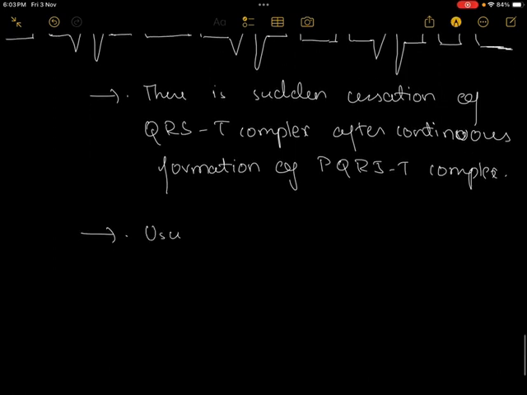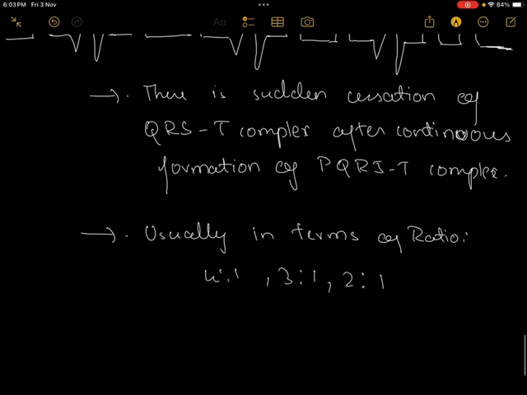Usually in terms of ratio, we take it as either 4:1, 3:1, or 2:1. If there is formation of four continuous PQRST complexes, then there is a dropping of only one QRST complex after the formation of four PQRST complexes.